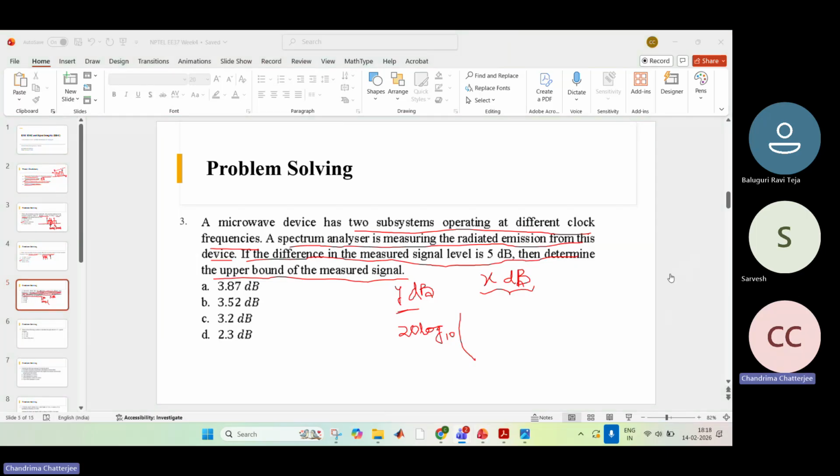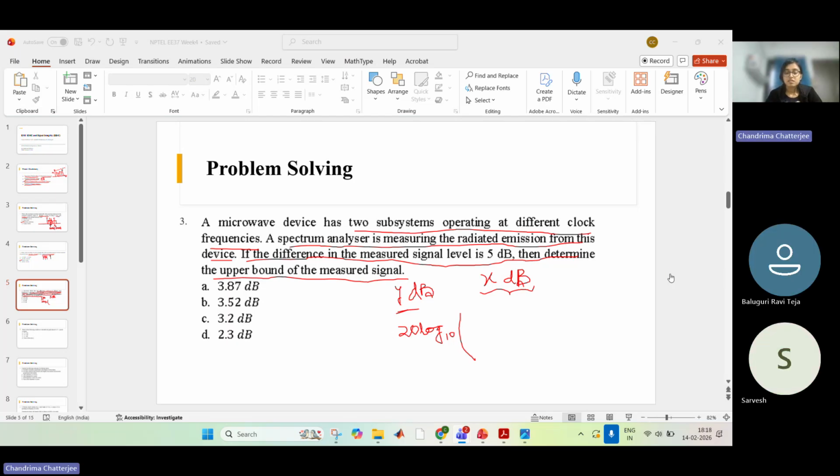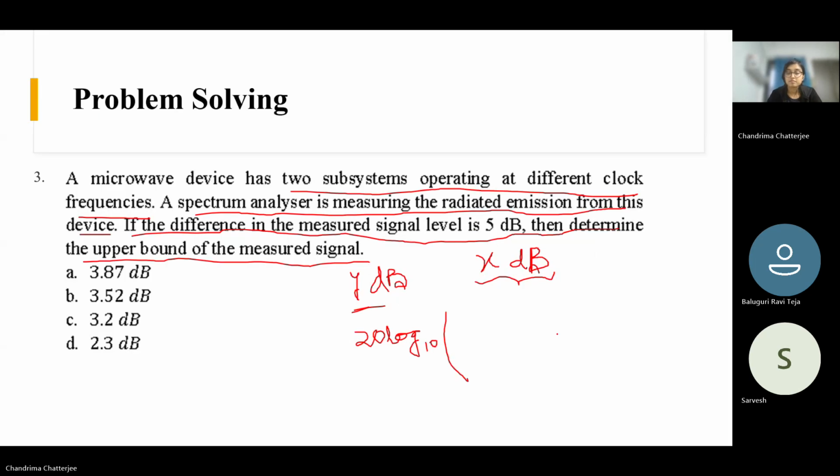Yeah, sorry for the interruption. So we were talking about normalizing this quantity.